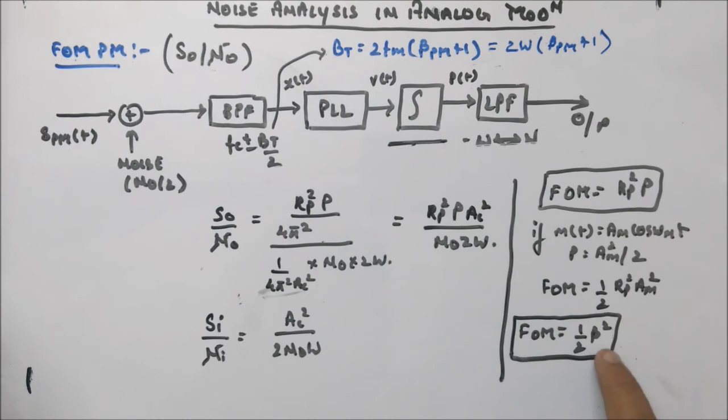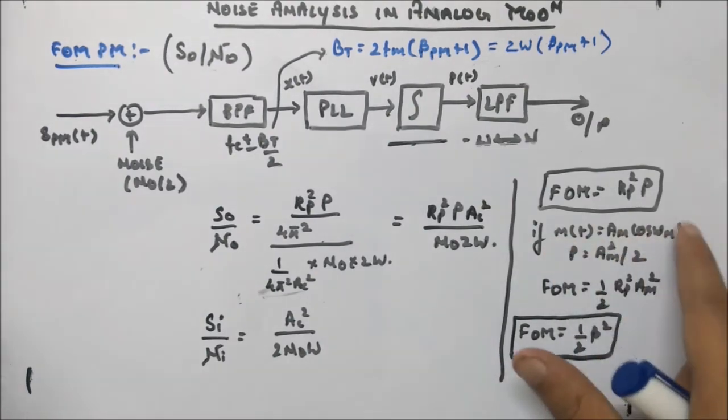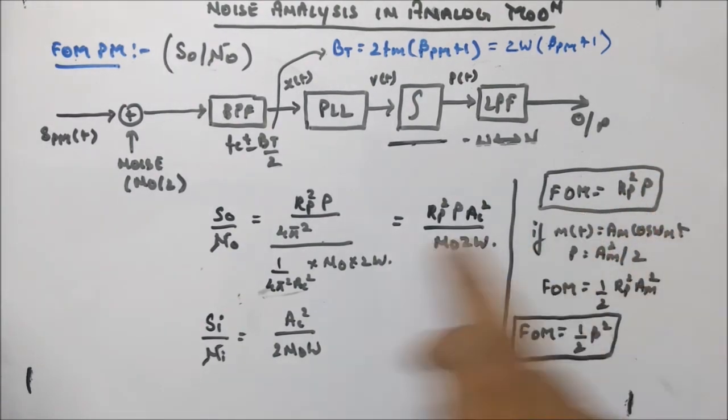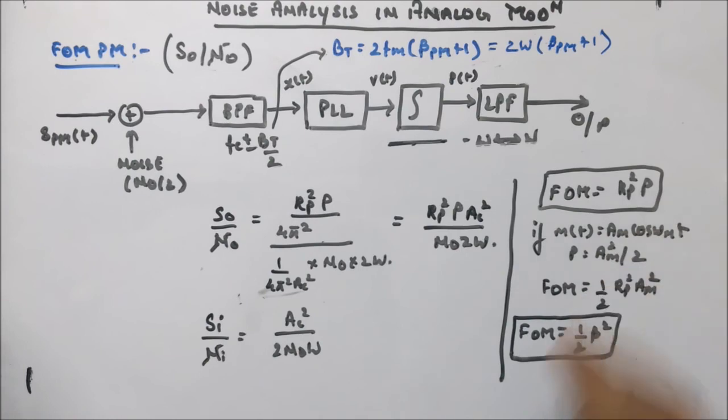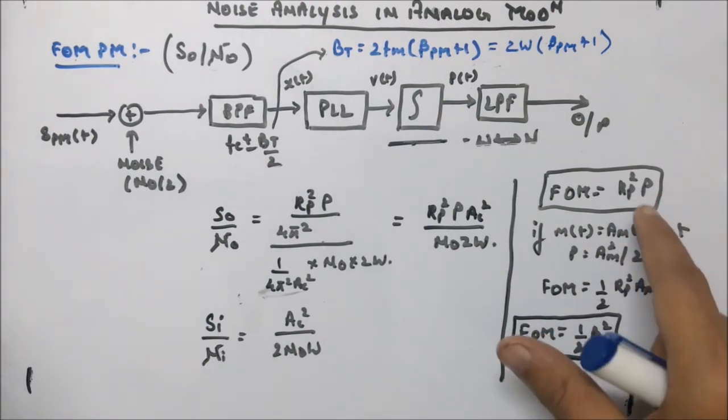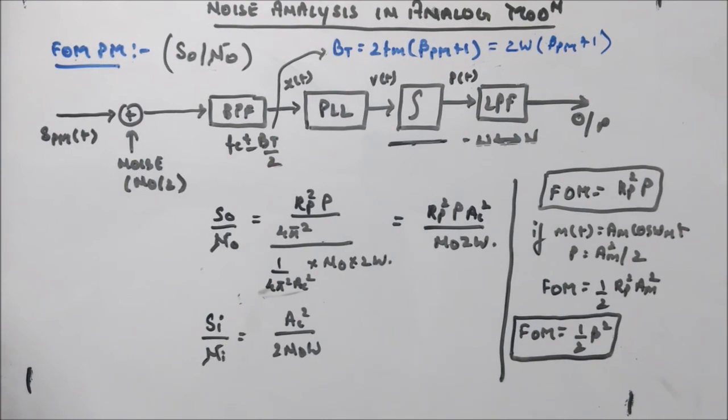So you can replace it and you will get FOM as beta square divided by 2. This is for single tone message signal, beta square divided by 2, and generally FOM of PM is kp square P, where P is the power of the message signal and kp is the phase sensitivity. So this is the FOM of phase modulated signal.